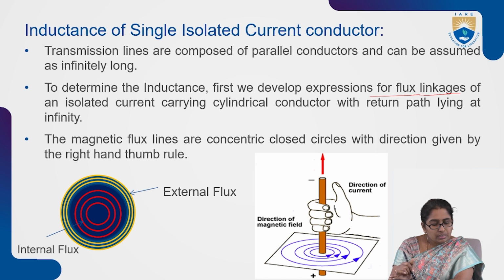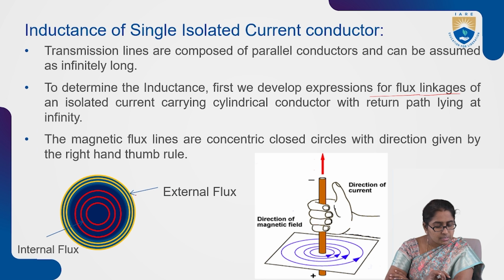Next, third point: the magnetic flux lines are concentric closed circles with direction given by Fleming's right hand thumb rule. Here, if the current is flowing through a cylindrical conductor, then the internal flux is the flux inside the conductor.